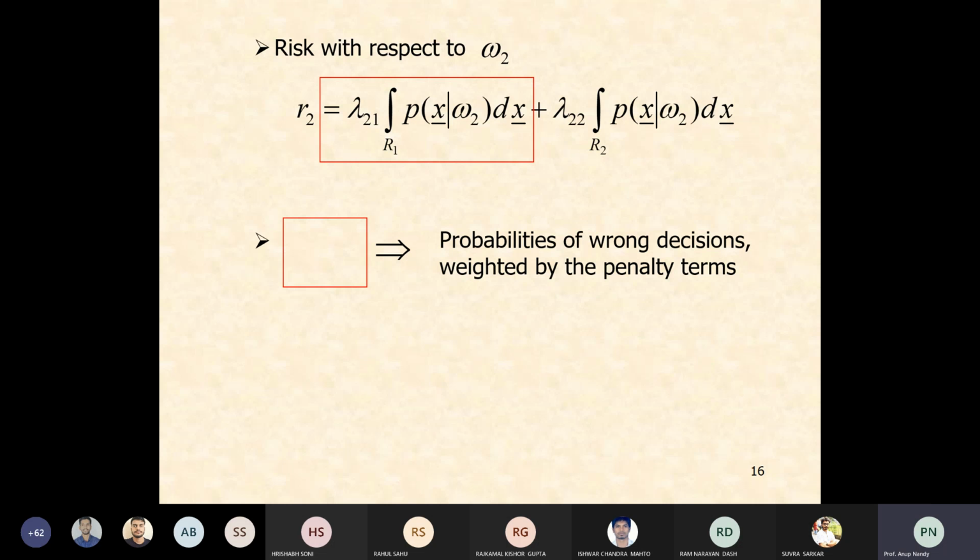So these are the probabilities of wrong decisions. If the person actually has a malignant tumor but the doctor diagnoses it as non-malignant, then there is a problem. But if the person does not actually have a malignant tumor, but the doctor says malignant, it's fine, because you can also try other treatment or see other things.